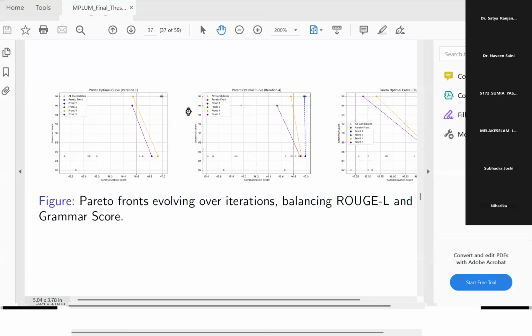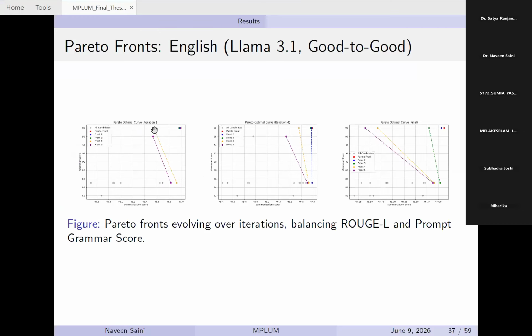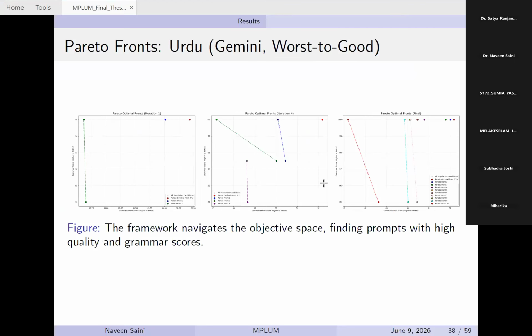So in this way, we keep on optimizing. Initially we are here, now we have reached up to here, having a good grammatical score and a good summarization score.